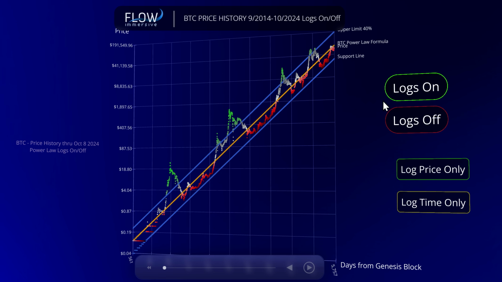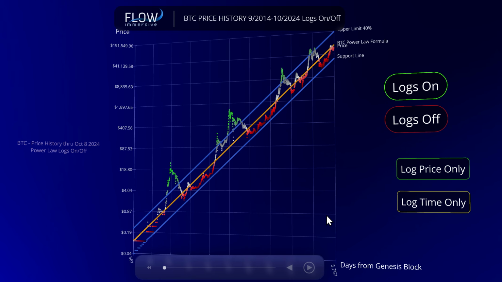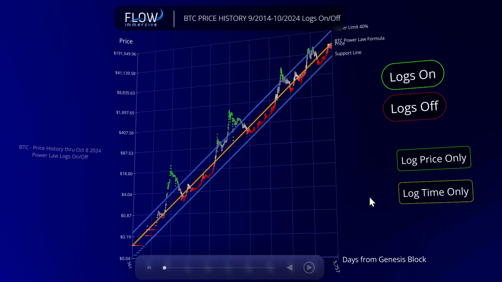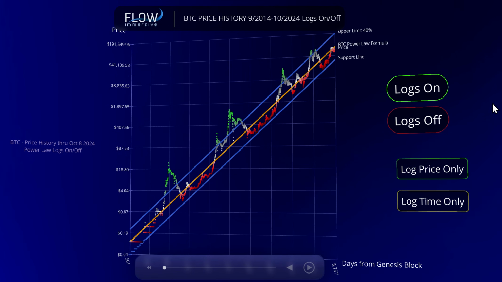But even just this very simple version is really cool, because many people still don't understand how the logs work, and actually seeing this in real time is really interesting.